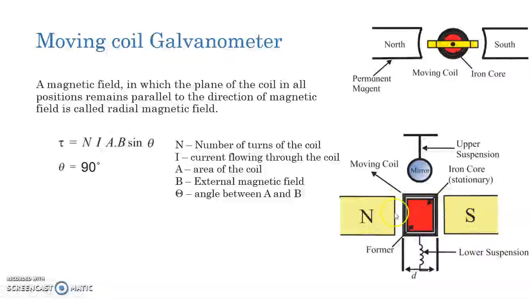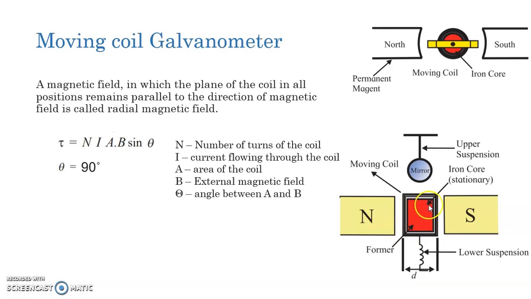As the field is radial, meaning the plane of the coil is parallel to the external magnetic field, theta will be equal to 90 degrees, as theta is the angle between area vector of the coil and the external magnetic field. And area vector A bar is always perpendicular to the plane of the coil.